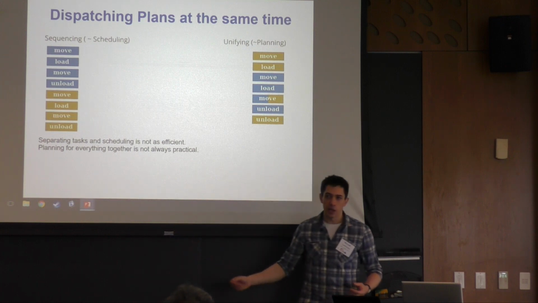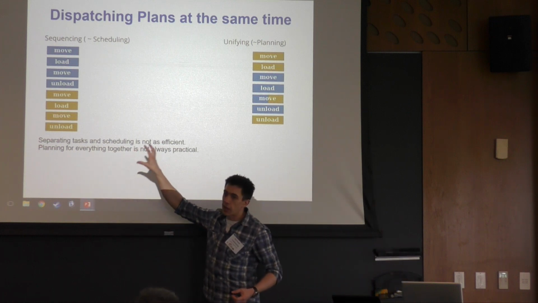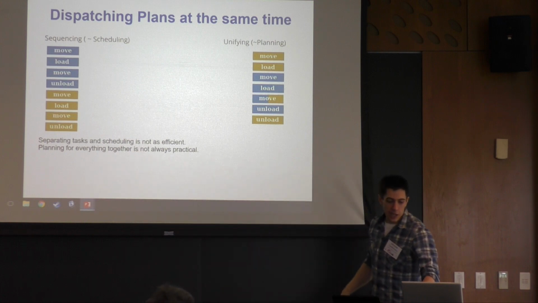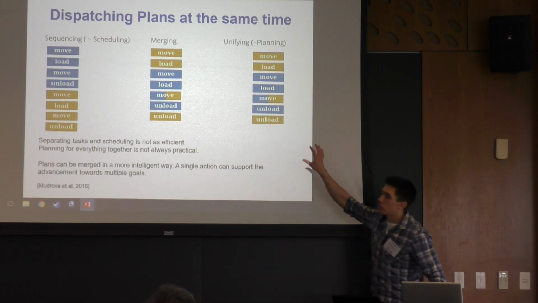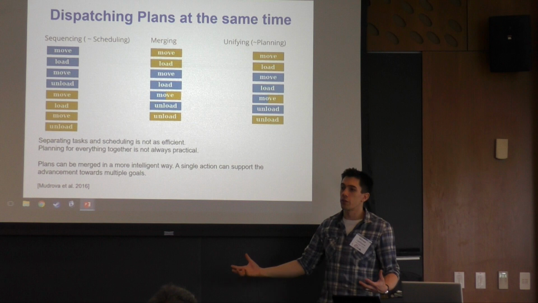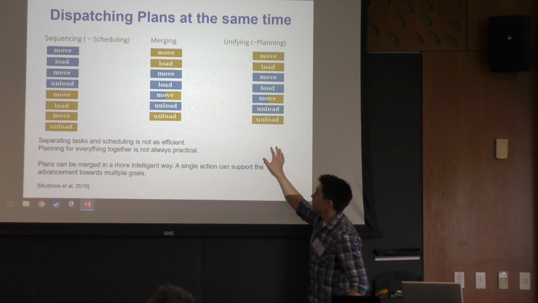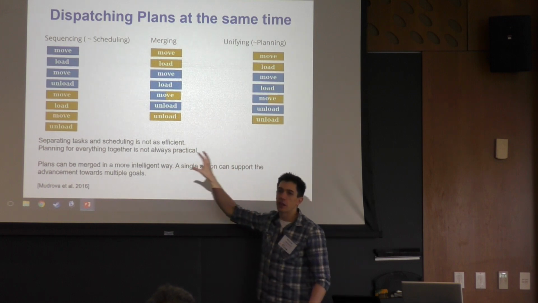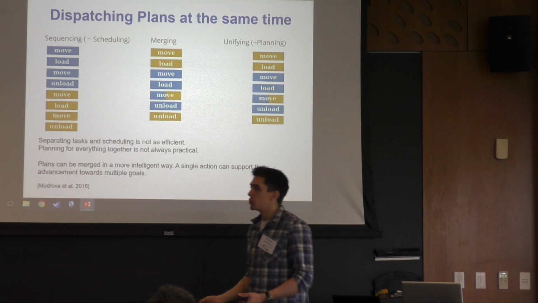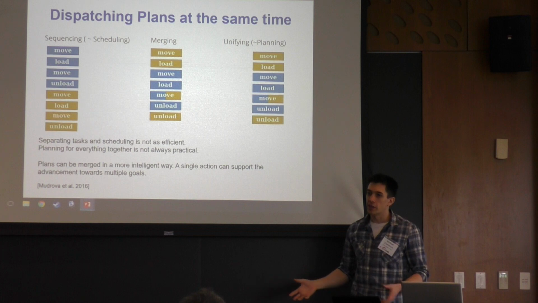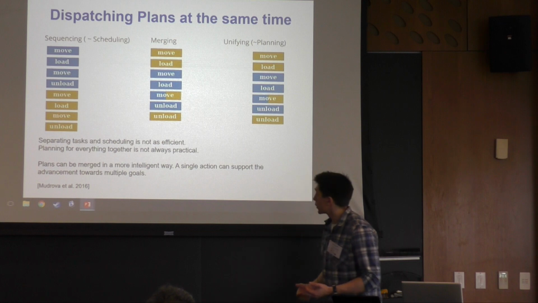This is work from Lenka Mudrova, who's here somewhere at the conference, where she shows that sequencing plans one after the other is less efficient than merging them, while unifying them, that is, just taking all of the goals from both problems and creating a single plan to achieve them together. Although this can be as efficient, or even more efficient, than merging the plans with some plan merging algorithm, for our problems it was impossible, because they were too complex, they were too long horizon, and our AUV only had 10 seconds to plan before it would drift away.